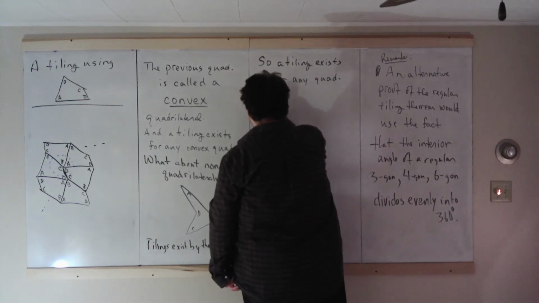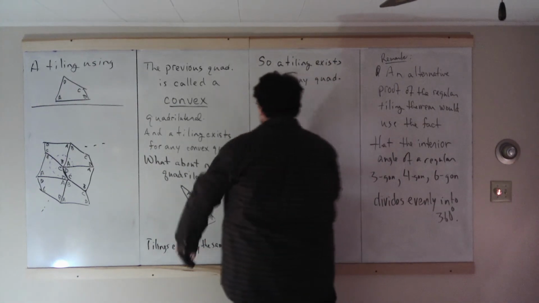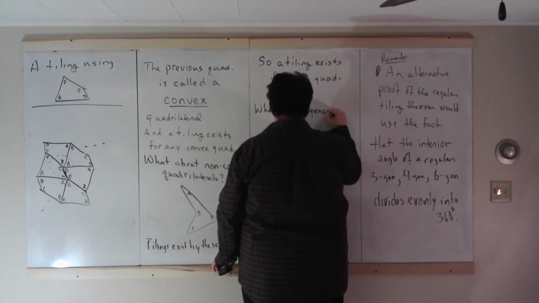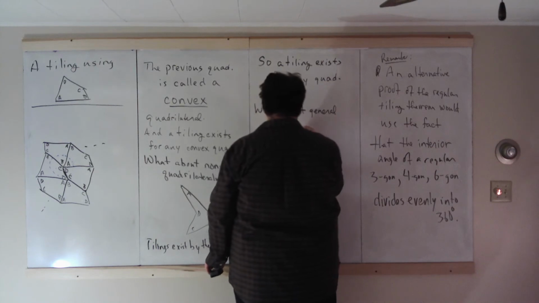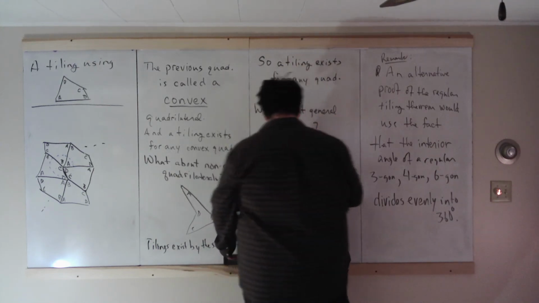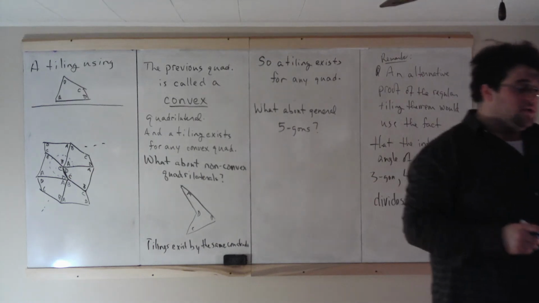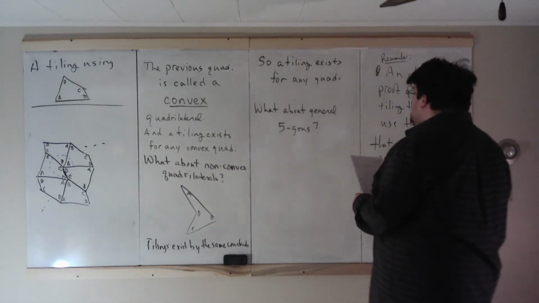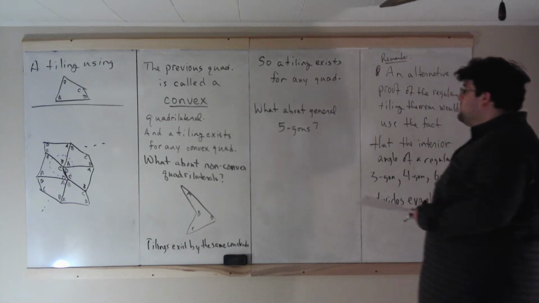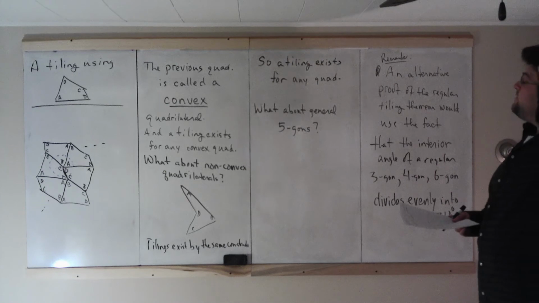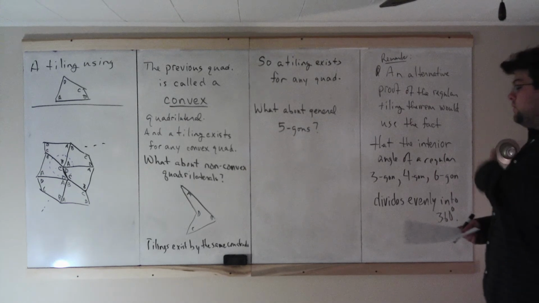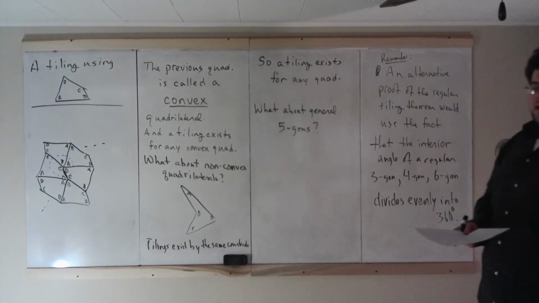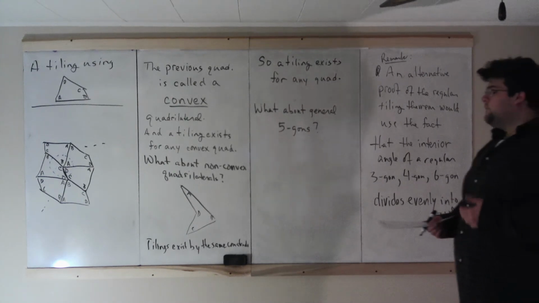What about general five-gons? Well, we won't cover any of them, but I will tell you the book does discuss a couple of them. What about general five-gons? There were a few discovered in the early 1900s, and then in the next, say, 60, 70 years, a few more were discovered.